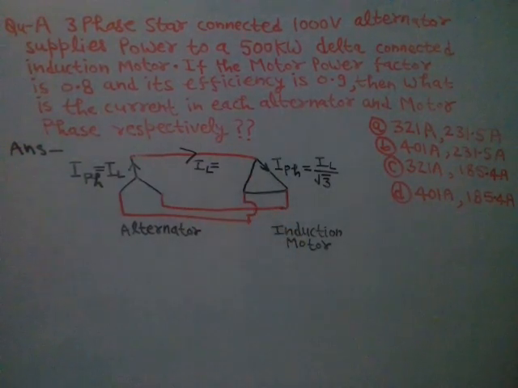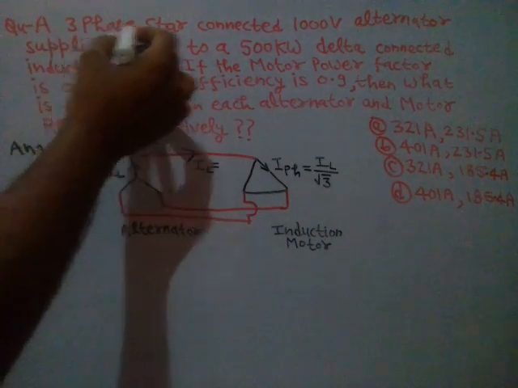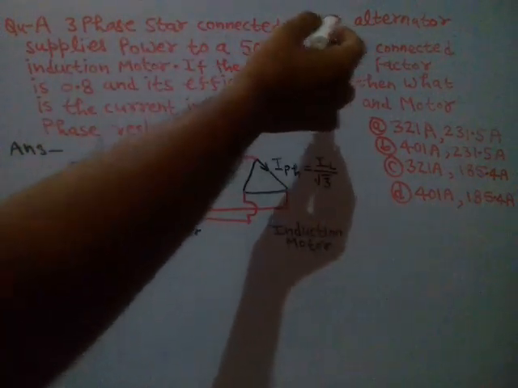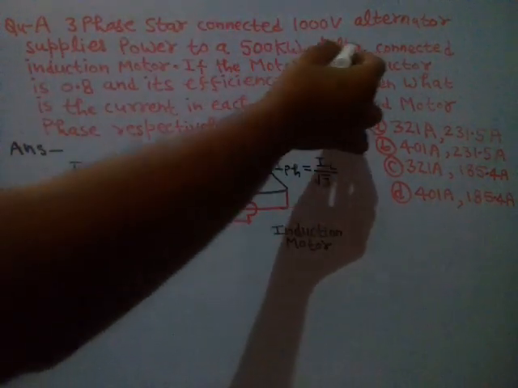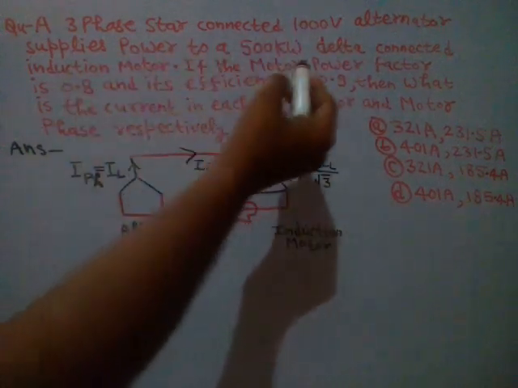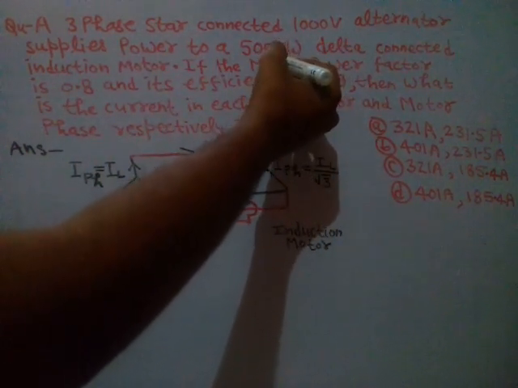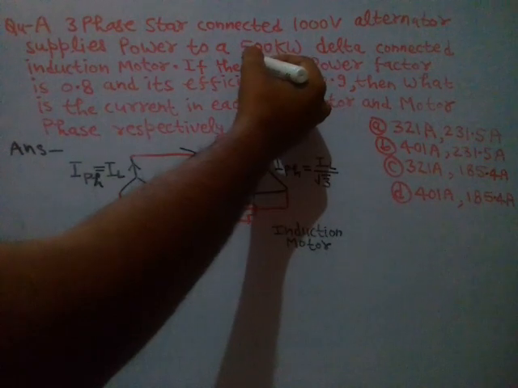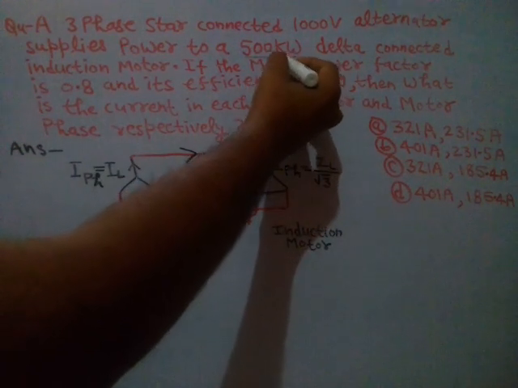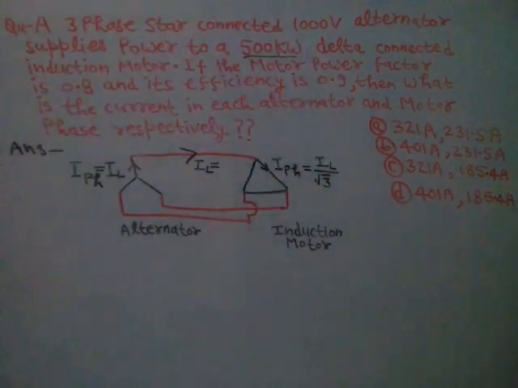So here it is given that the alternator is supplying power to a delta connected induction motor and its output rating is 500 kilowatts. The nameplate rating is the output rating.